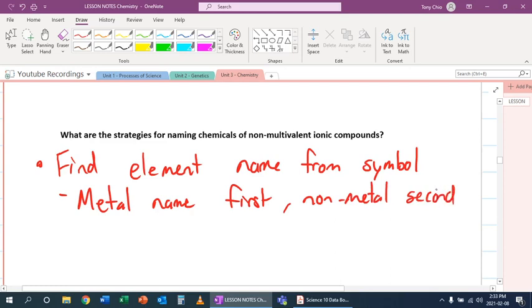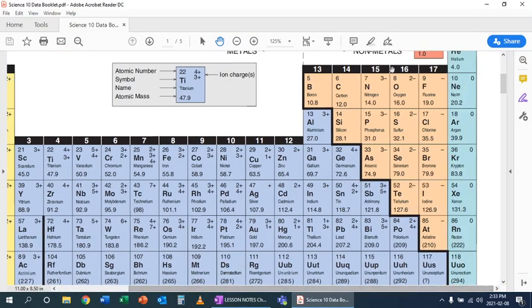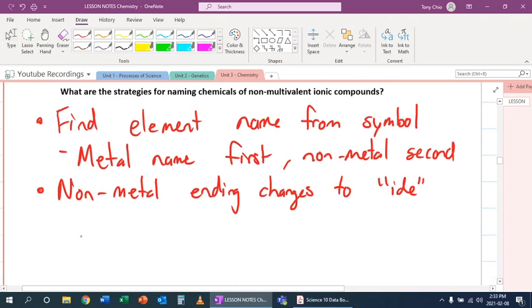Okay. The second rule is the non-metal's ending changes to "ide." So that means, for example, oxygen becomes oxide. For the non-metals, you keep the first syllable plus "ide."